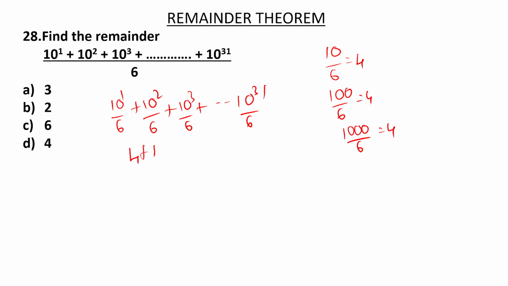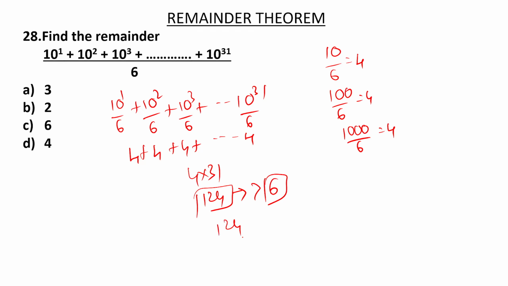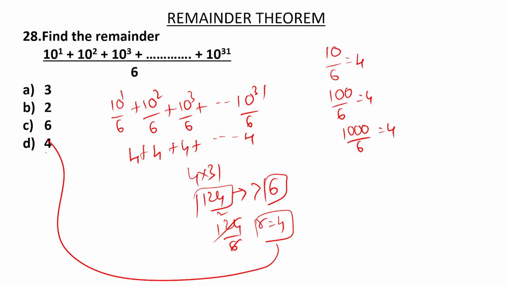So 4 plus 4 plus 4 plus up to 31 fours. Since there are 31 fours, 4 into 31 will get value of 124, way bigger than 6. So 124 divided by 6, 6 2s are 12. Remainder left is 4. 4 is our answer. And there you go.